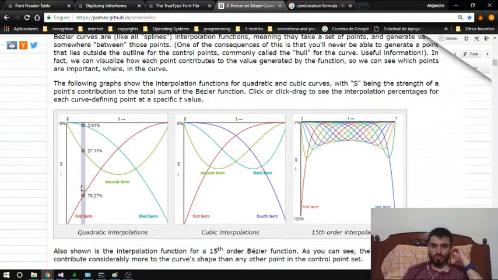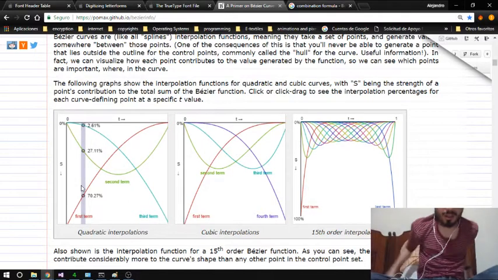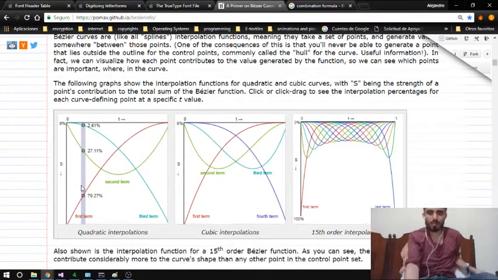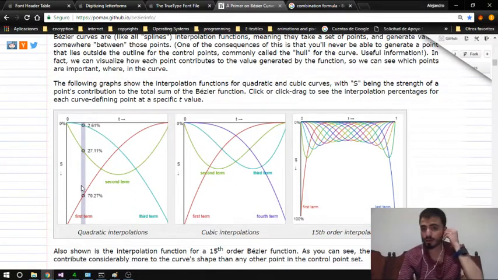Okay, so he's mapping t for the function, and he's seeing the proportion, I guess.